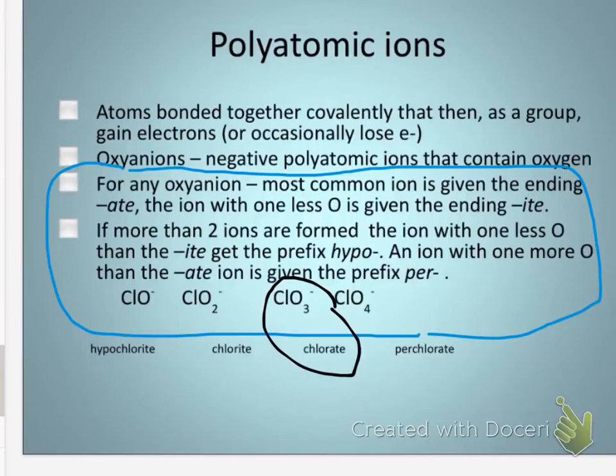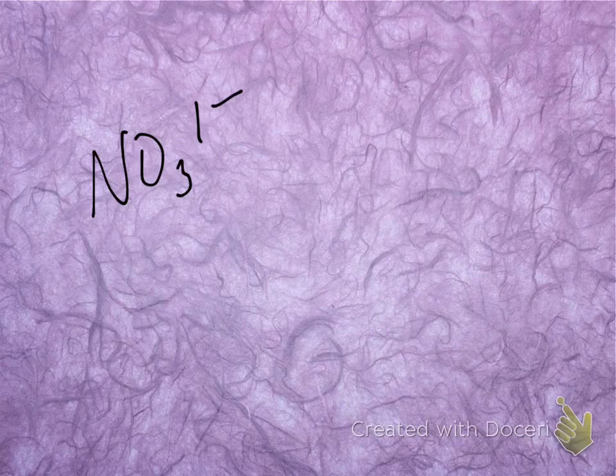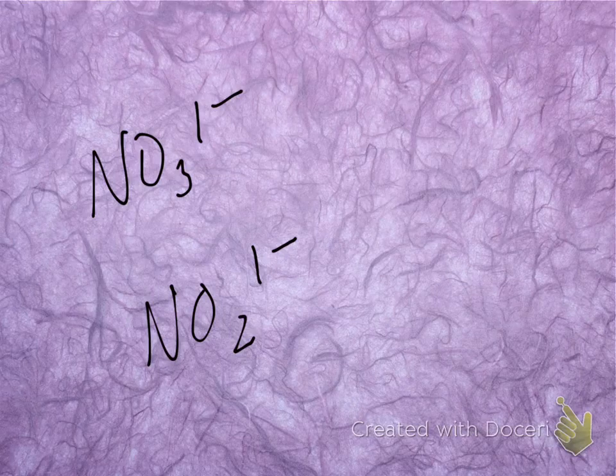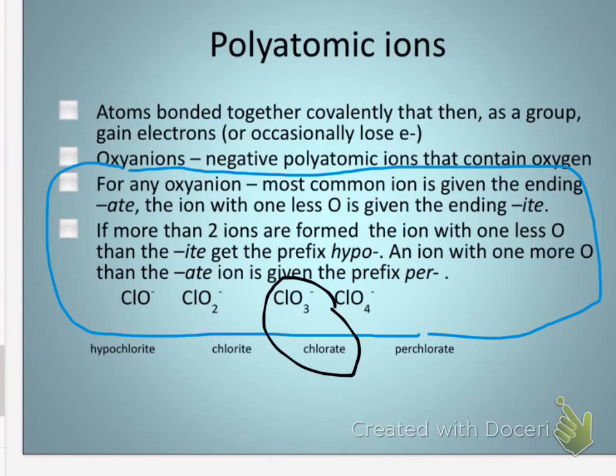I'll ask you to look at your ion reference, at NO3 1- and NO2 1-. Which is more common? Write it down, don't yell it out. We said that the most common gets the ATE.